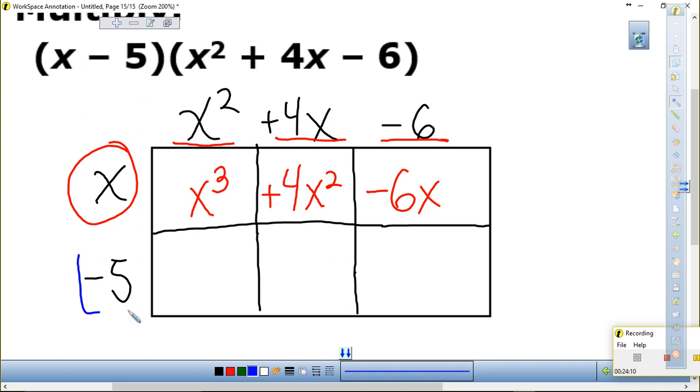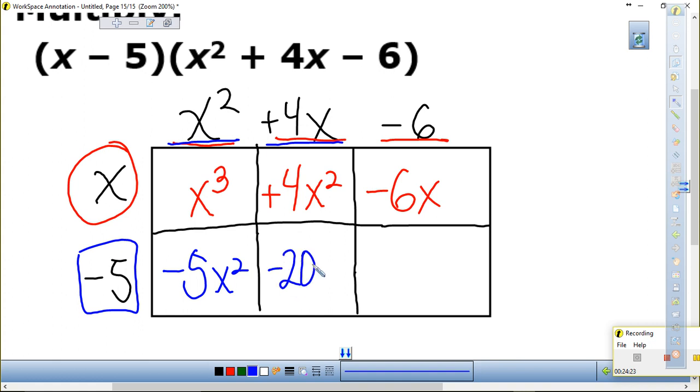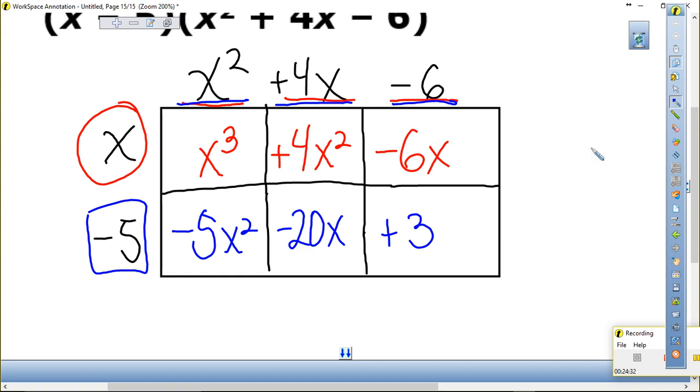Go to blue. I'm going to box negative 5. What is negative 5 times x squared? Negative 5x squared. What is negative 5 times, let's see, 4? That's negative 20x. And what is negative 5 times negative 6? Positive 30.